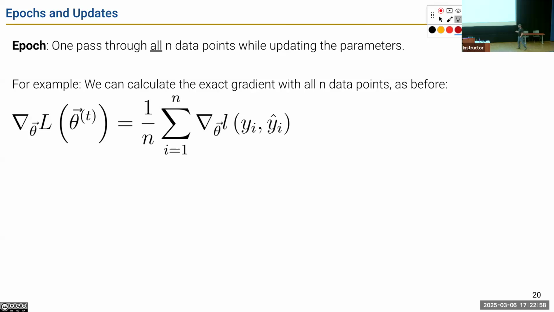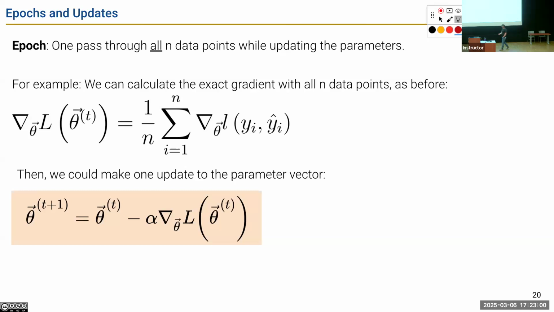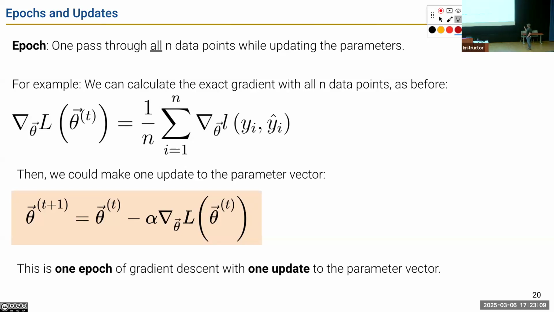That's one epoch. What is an update? An update is using the gradient or some approximation of it to update the parameters. So this is one epoch of gradient descent with one update to the parameter vector. Epoch, one pass through all the data points. One update, it's when you update your parameters once using the value of the gradient and your learning rate.